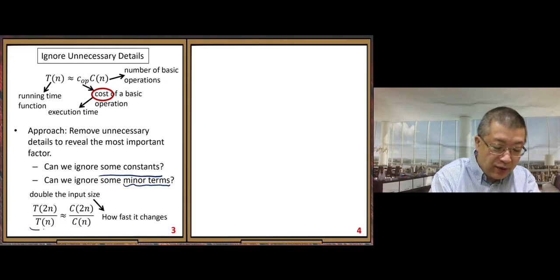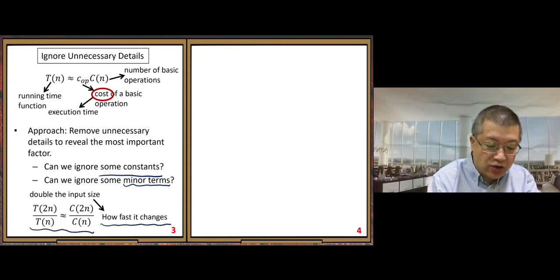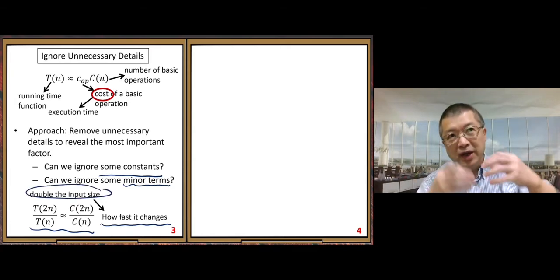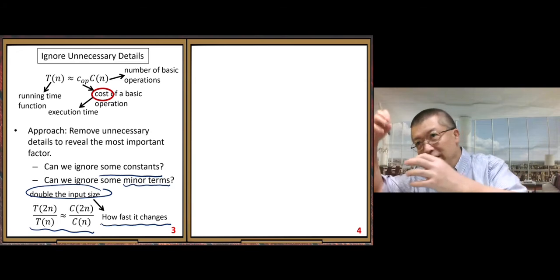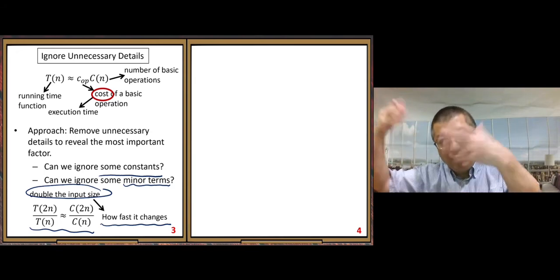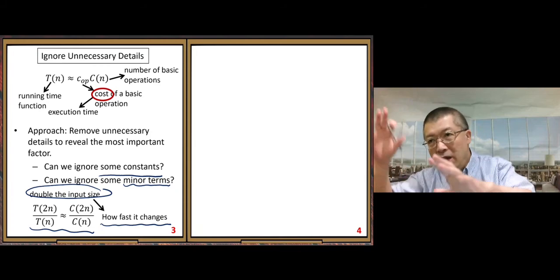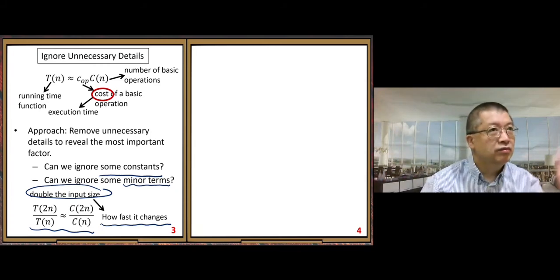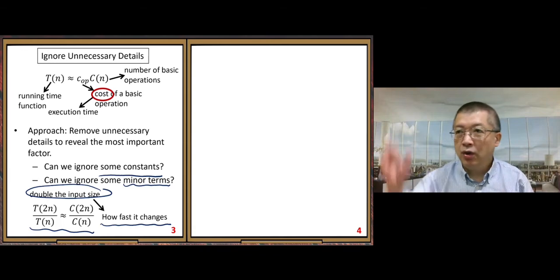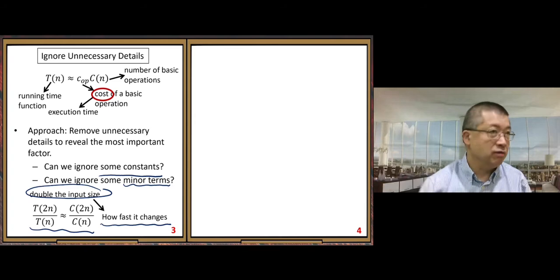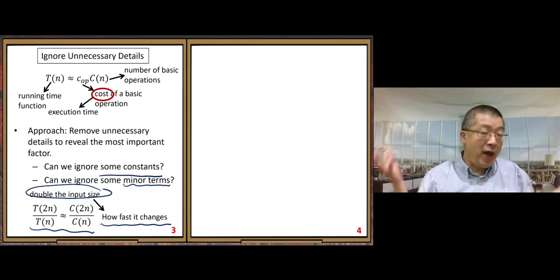And this ratio can reflect how fast it changes when the size doubles, because we want to look at the function change. Every time we double the problem size, how many times does our execution time function or number of basic operations function increase?